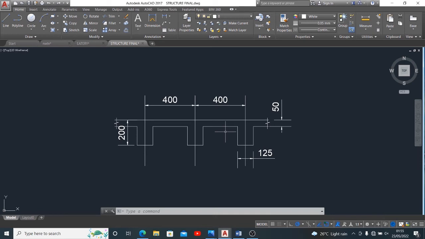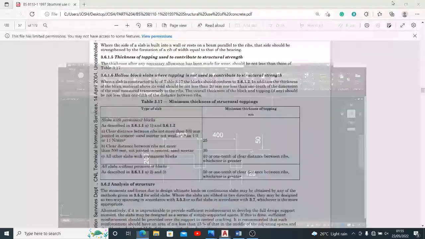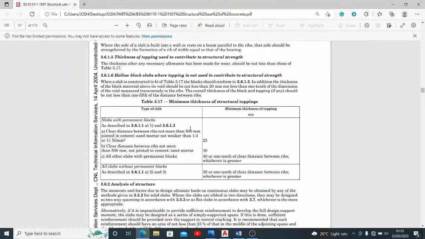So in this case, we'll be sticking to the option that suits it from this table, which is saying all slab without permanent block. So we are applying this one, and the requirement says that the minimum thickness of topping in millimeters should be 50 millimeters, or 1 over 10 of the clear distance between ribs, whichever is greater between 50 millimeters or the result of 1 over 10 of the clear distance between the ribs.